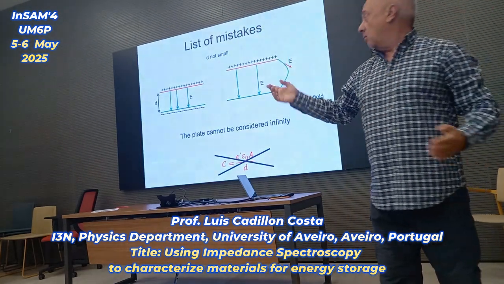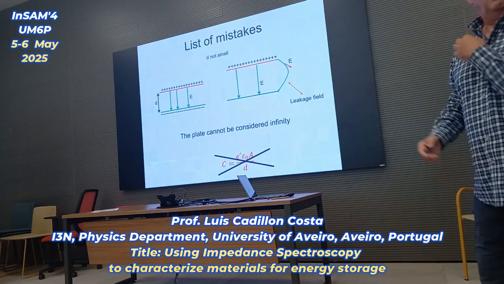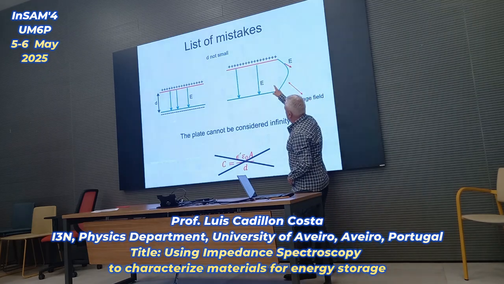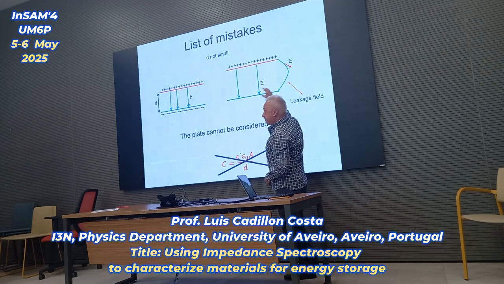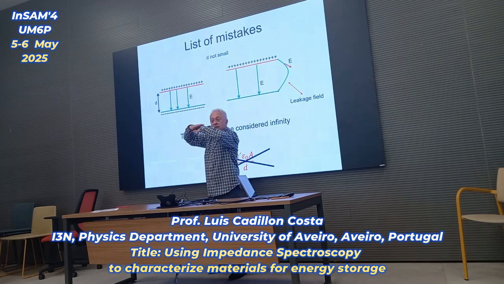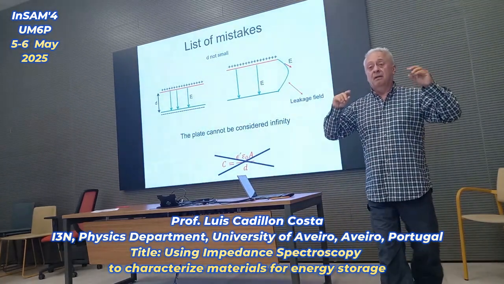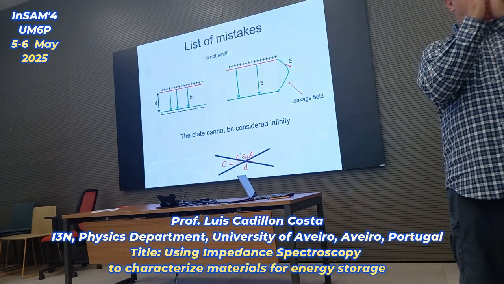So I was trying to make this measurement, and I was thinking it's important to have this D very small. I don't want this leakage. So I must have this D very small. And what was the problem? Something important: in the air, I have 1 kilovolt in 1 millimeter.